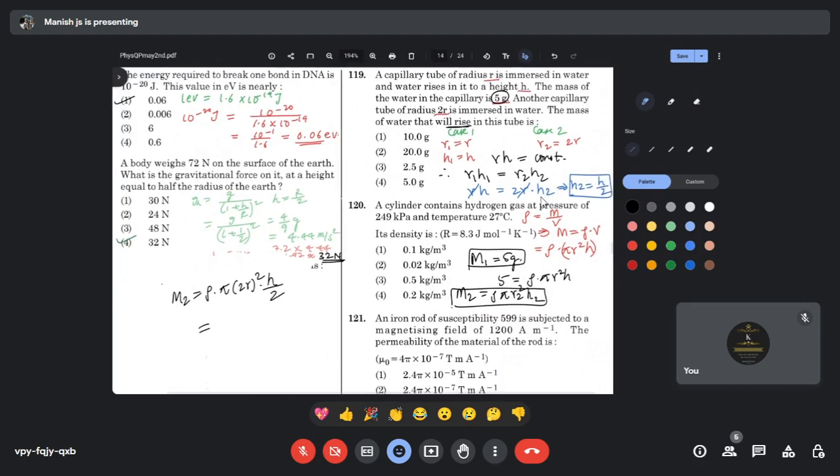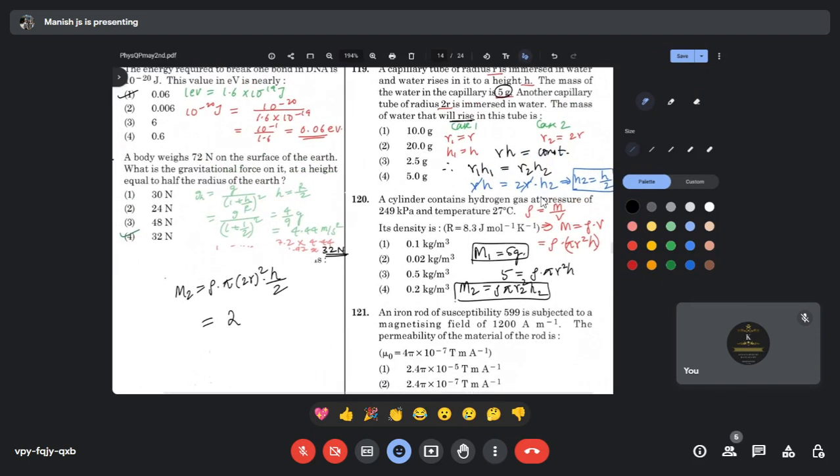Okay, so simplify it. Once you go for the simplification, what are you getting? You know that pi r square h is nothing but your volume. Again, that is nothing but density times mass. So we can say it is 2 into 5 grams.